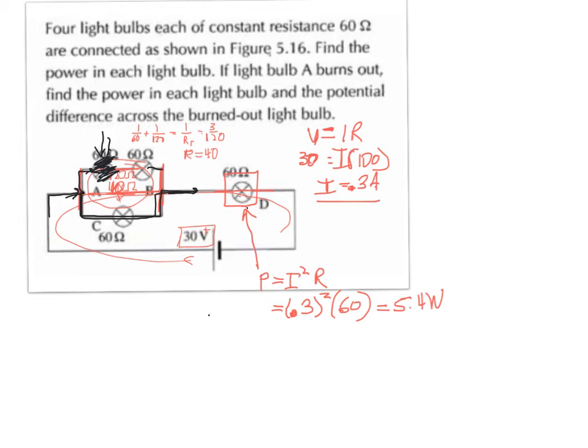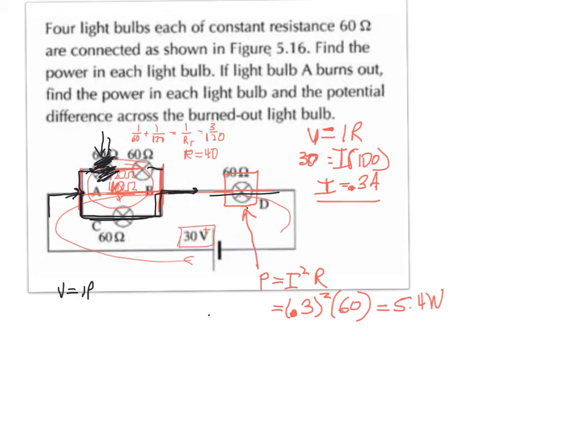So essentially what I have now is C and D, which are in series. The parallel isn't going to happen anymore because the current's all going to flow around and it's not going to go through A and B at all. So I can now recalculate everything. We can go V equals IR for the whole circuit.